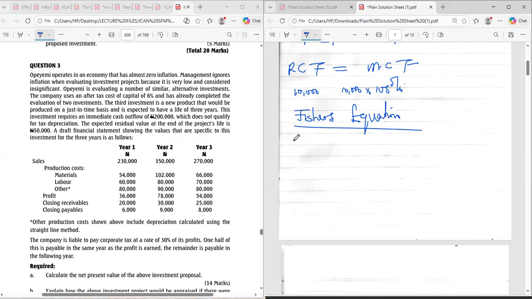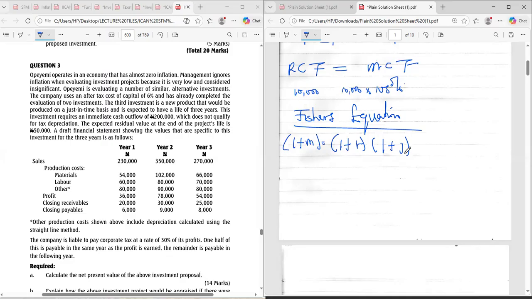Your Fisher's equation is: 1 plus m is equal to 1 plus r, in bracket, times 1 plus i. Any question? One plus m is equal to 1 plus r times 1 plus i. Your m is your money rate.